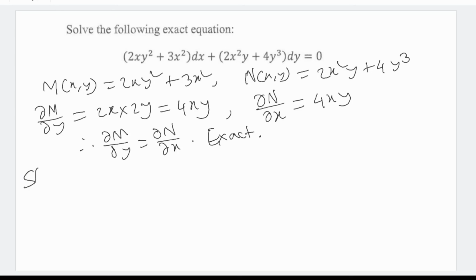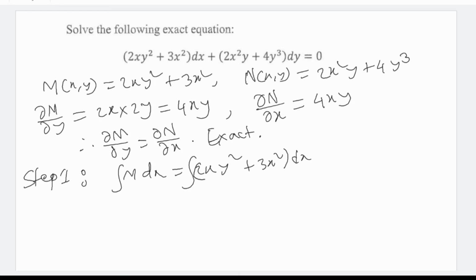Step 1, integrate M dx. Here M means 2x y squared plus 3x squared dx.